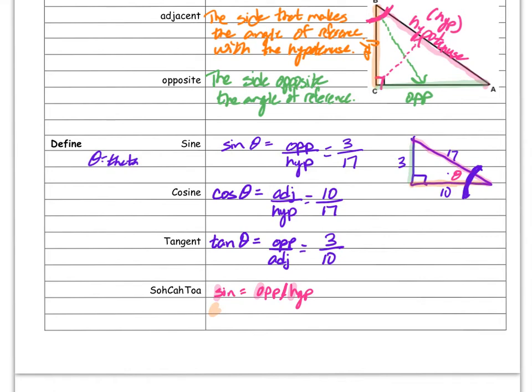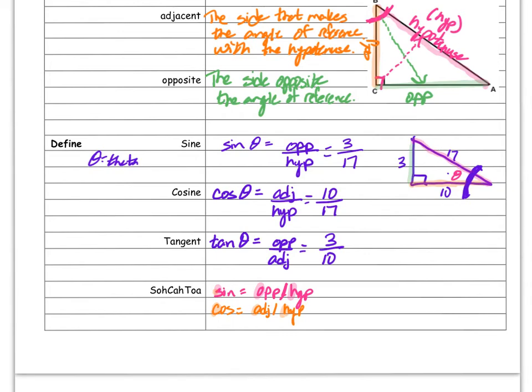Oof. Keep forgetting to change back, so sorry. Cosine equals adjacent over hypotenuse. And then here's the first letters, S-O-H, C-A-H.